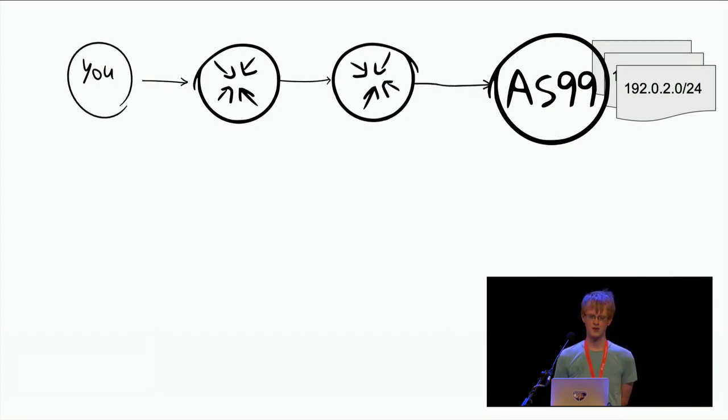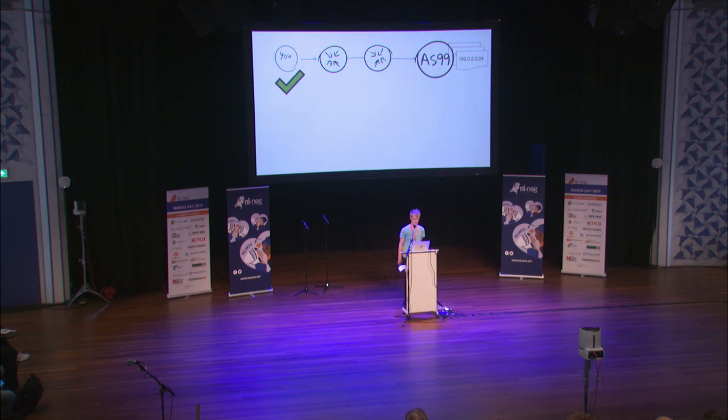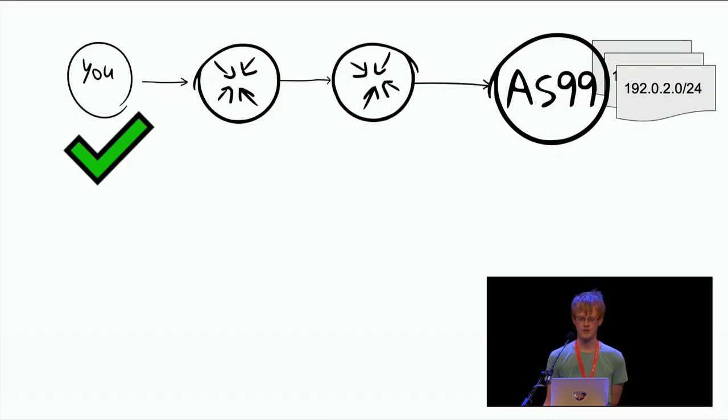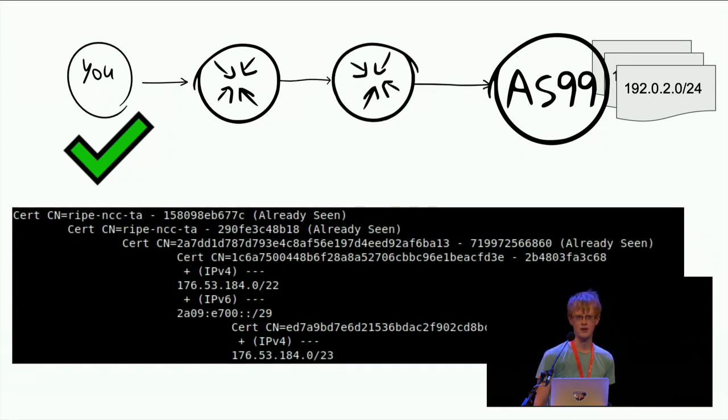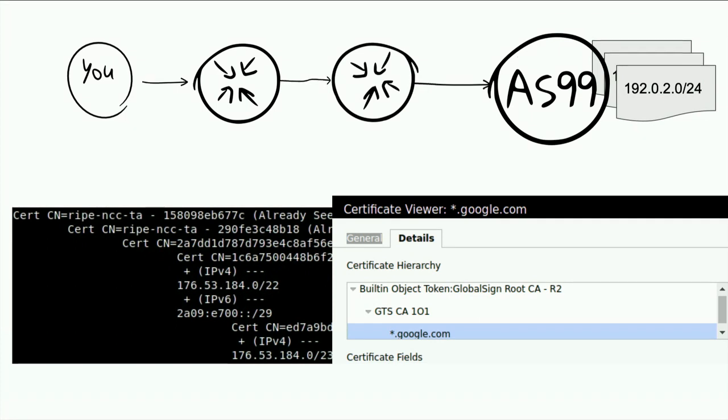You're roughly trusting those two routers in the middle to be vaguely competent, except with RPKI, you don't actually have to. So you can say that, assuming there are signatures with those resources in AS99, you can say that they are valid. And the way it works is the same sort of technology that validates your certificate chains, the same sort of thing that your browser uses, which is nice. And very complicated if you try and implement it yourself.